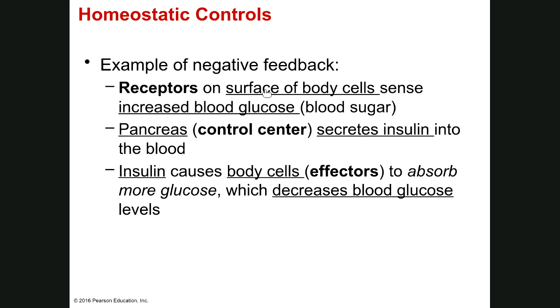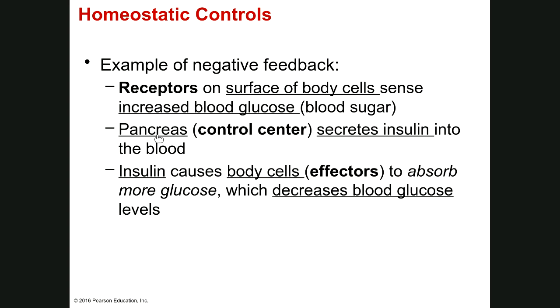It's a receptor on the surface of body cells that senses when there is high glucose in the blood. Those receptors send information about this to the control center, which is going to make a decision or direct a response to this problem. In this case, that is the pancreas.